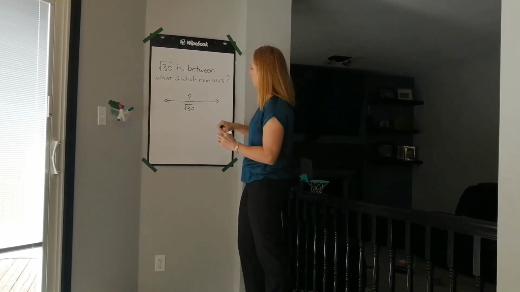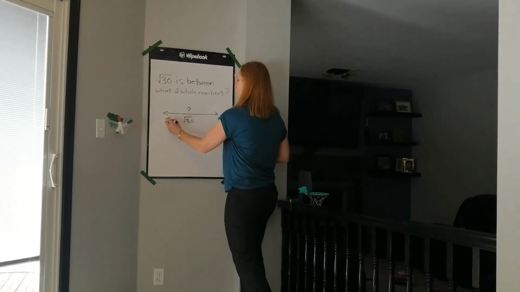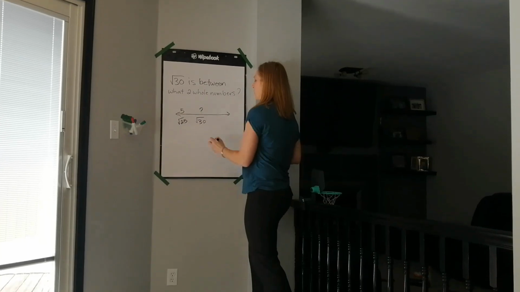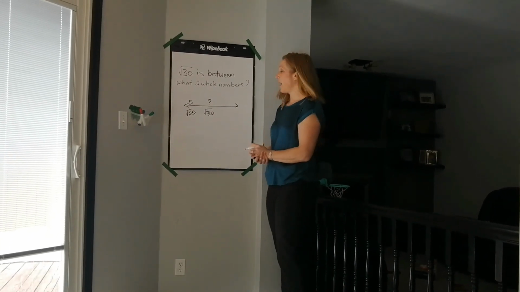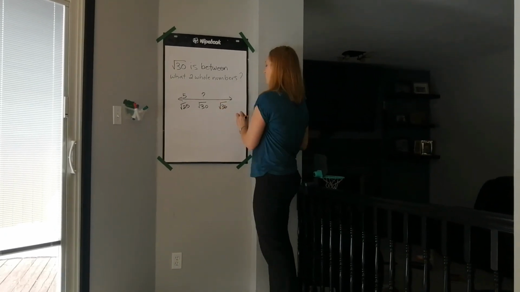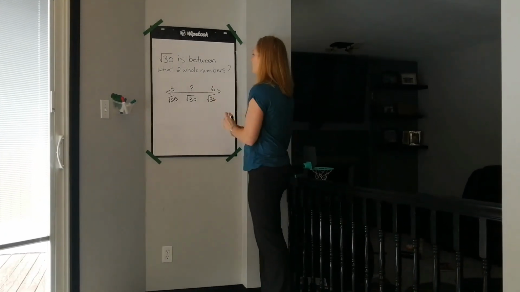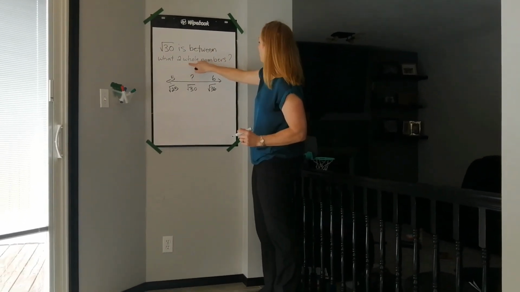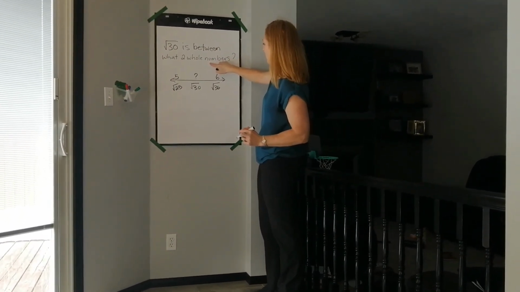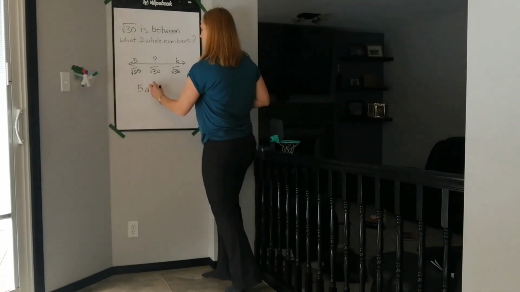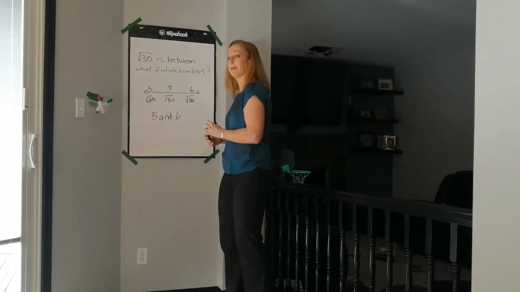Well, I know that the one that's smaller is going to be 25, which is 5 times 5. And I know that the next bigger one is the square root of 36, which is 6 times 6. So it's asking me what are the two whole numbers that would be between.